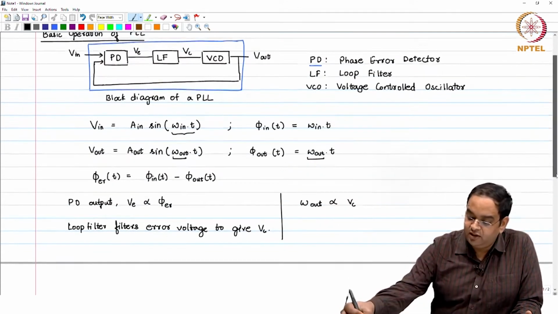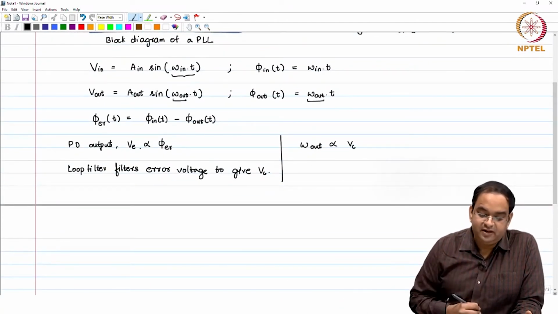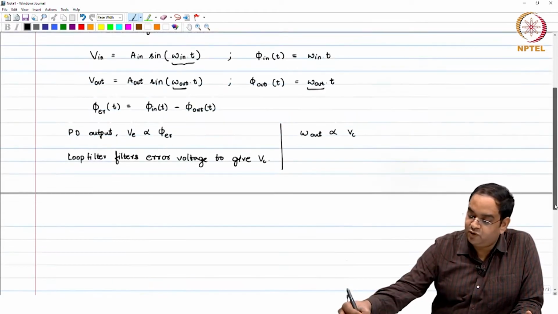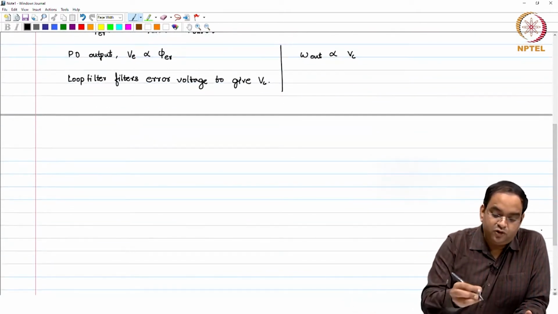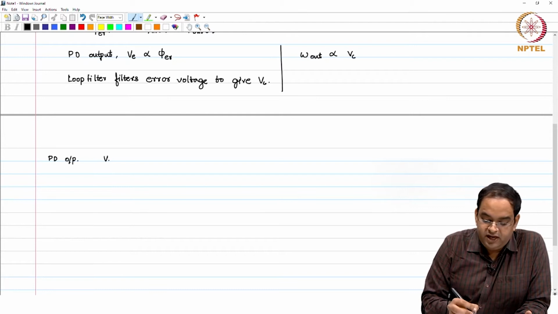First is the phase error detector. As I said, the phase error detector gives you a voltage proportional to the phase error. So, the PD output V error is proportional to the phase error.